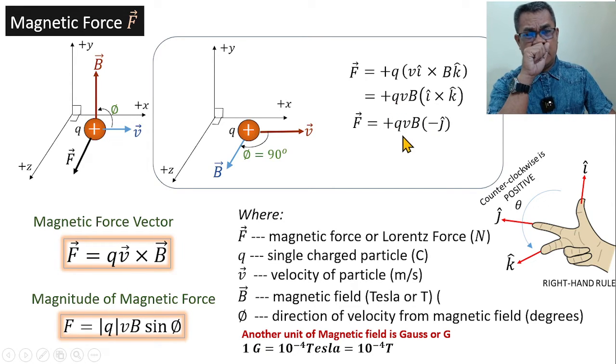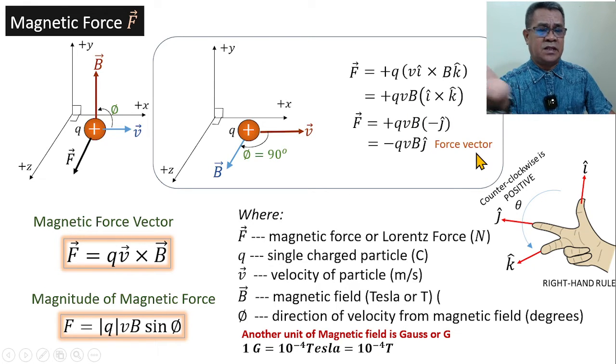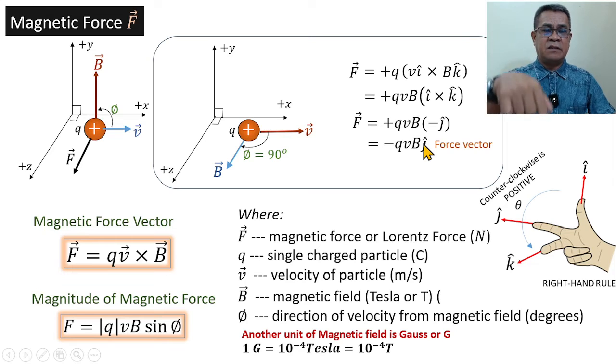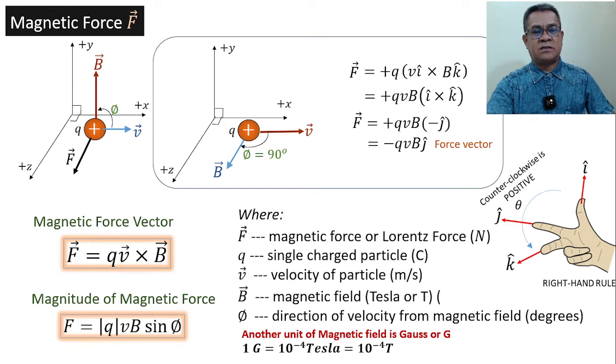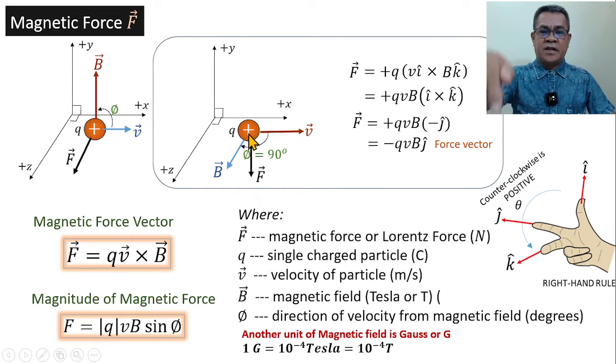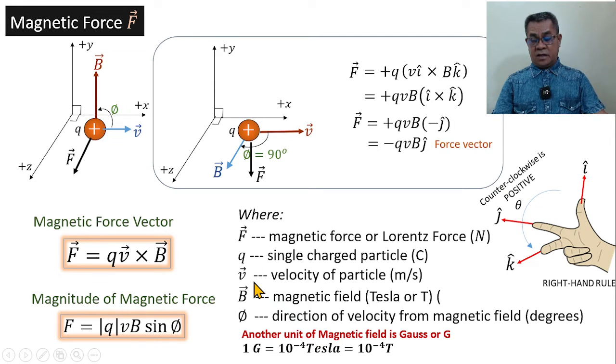Then you multiply the product of these by the unit vector, and this is the answer to the problem. Which means that the magnitude of this force is just QVB in the direction towards the negative y-axis, because this is negative J hat. So look at the figure: the velocity, the force should be in the negative y-axis.